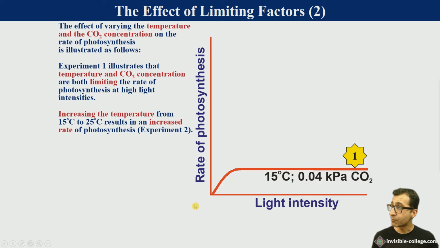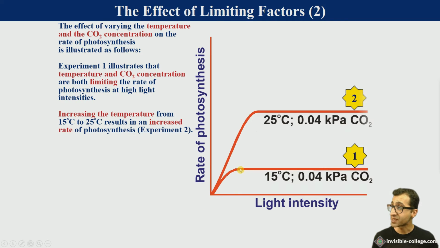So increasing the temperature from 15 to 25 degrees C in experiment 2 results in an increased rate of photosynthesis at the same light intensities, and also results in a further increase in rate beyond the level of light intensity that was limited in experiment 1.